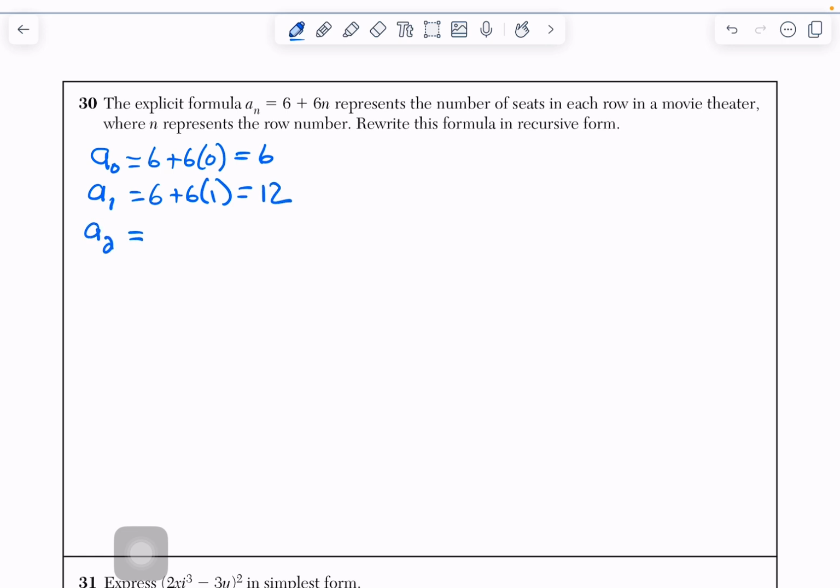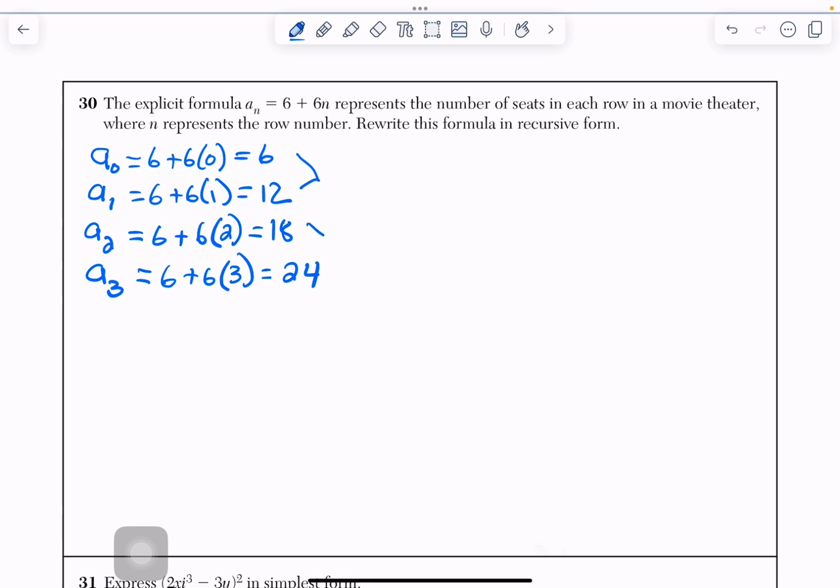A2 is equal to 6 plus 6 times 2, which is 18. We could see the pattern already. The third one is 6 plus 6 times 3, which is equal to 24. So the difference, it's an arithmetic sequence, and every one of these goes up by plus 6. So that's the rule, plus 6.